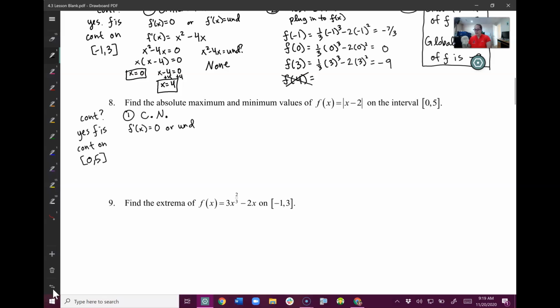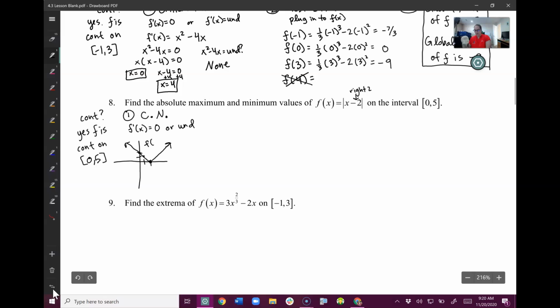Now, finding f prime for this one is a little bit weird. And here's why. We don't really have ways to find the derivative of an absolute value. So we're just going to do this graphically. Remember, go back to our transformations, this would move it right. So then my graph should look like that.